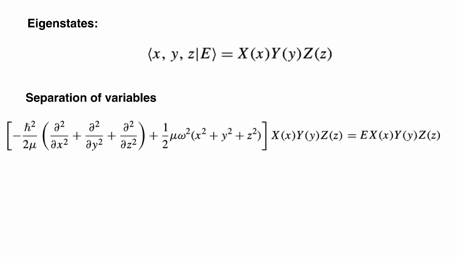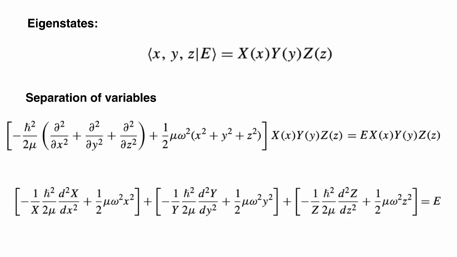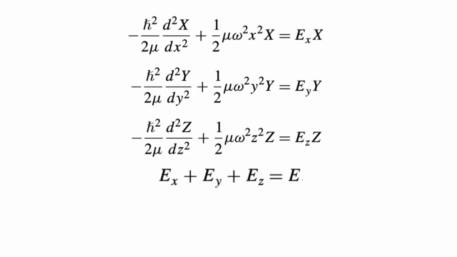Okay? The separation of variables comes directly from the fact that the three Hamiltonians can be separated, and we end up with this differential equation, which can be solved independently this way by putting all the different components x, y, and z together. And we end up with those three equations that we need to solve.